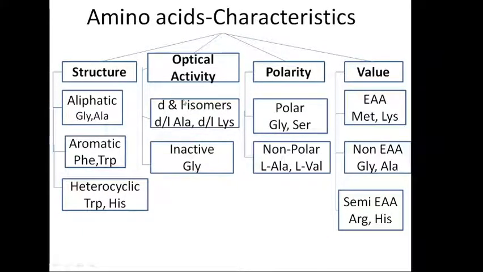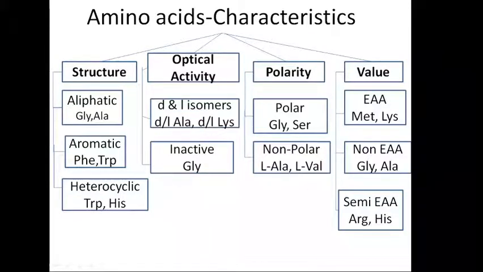Why is this possible? Because they are the isomers. They can be present in two different forms or the geometric arrangement. Few amino acids like the glycine do not have the asymmetric carbon in them and therefore they remain optically inactive.